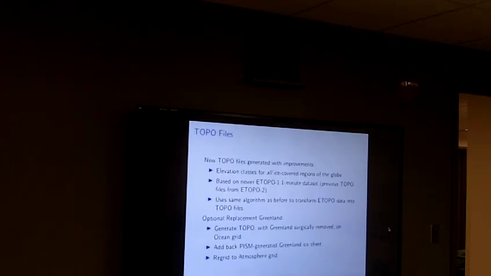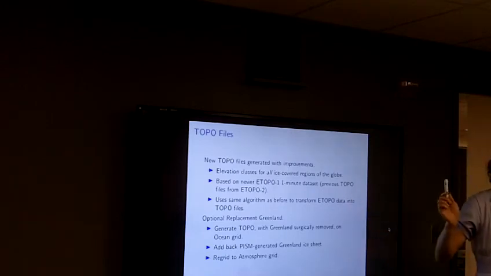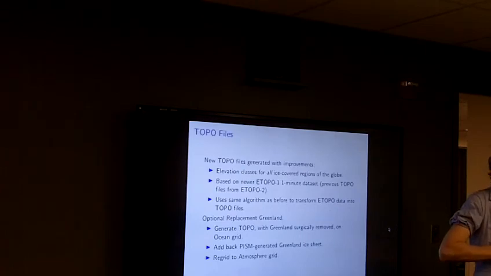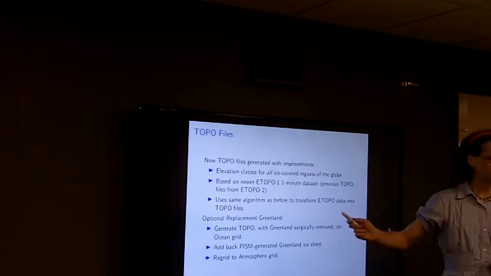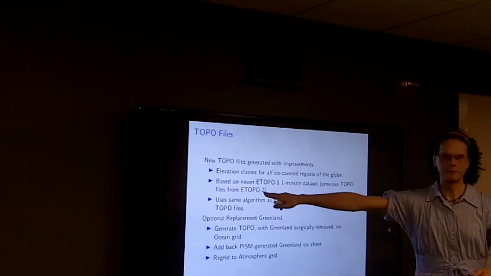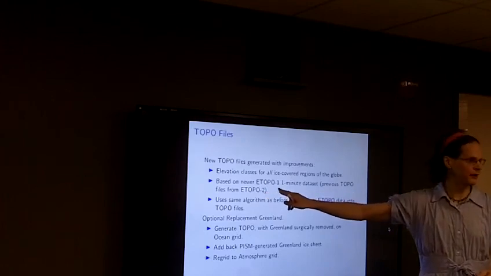Topo files. So I redid Gary Russell's topo generator that I think hasn't been run for 15 years, practically, based on some artifacts in the code. Maybe it has, I don't know. But I took that and I changed its input files from eTopo2, the 2-minute, to eTopo1.